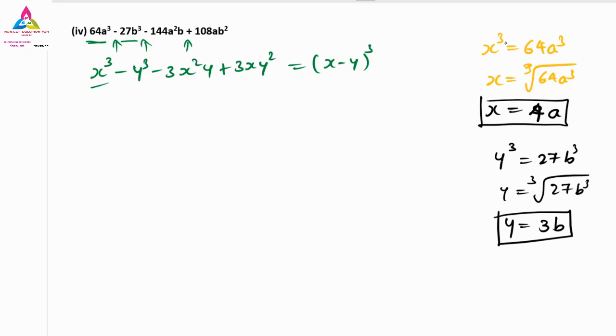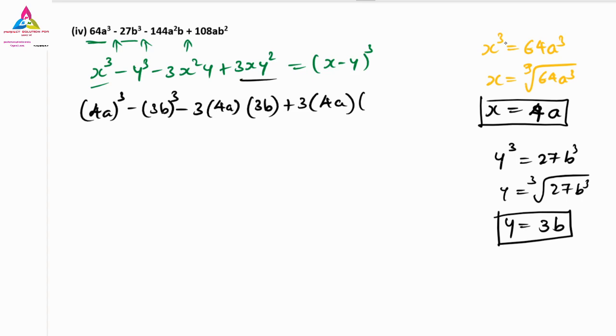So substitute in the formula, that is 4a the whole cube minus 3b the whole cube minus 3 into x value 4a into y value 3b plus 3 into x value 4a and y value 3b the whole square, it is equal to x value 4a, y value 3b the whole cube. So this is our answer.